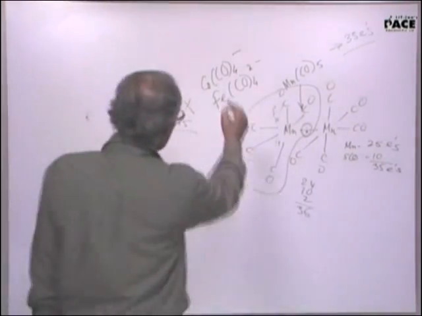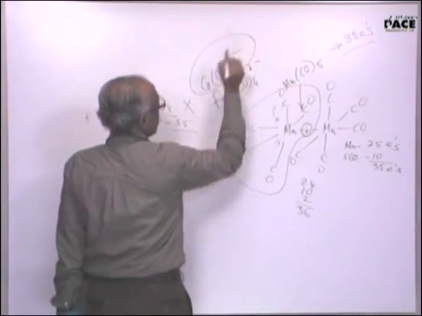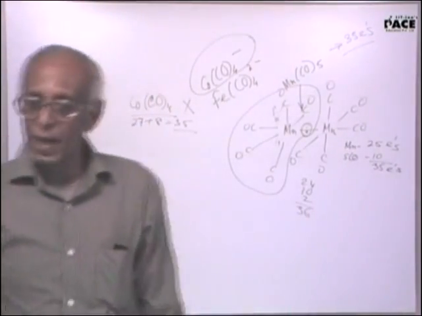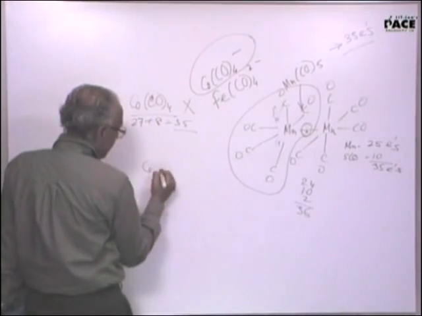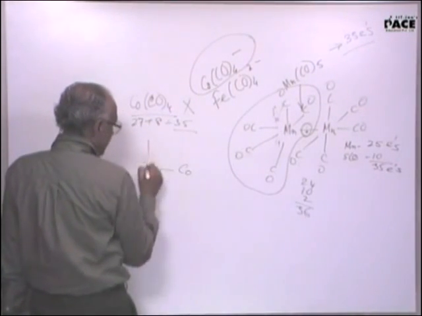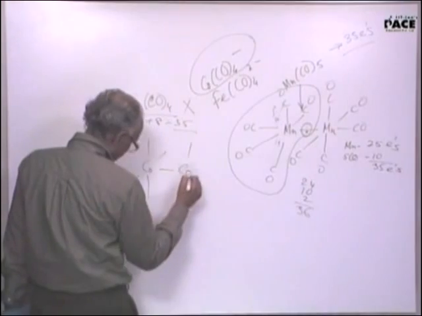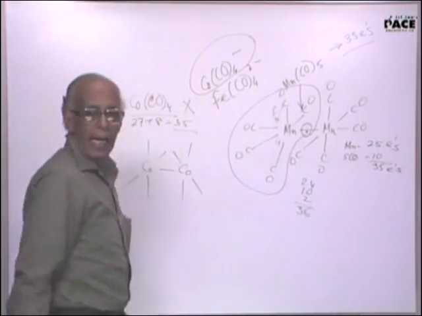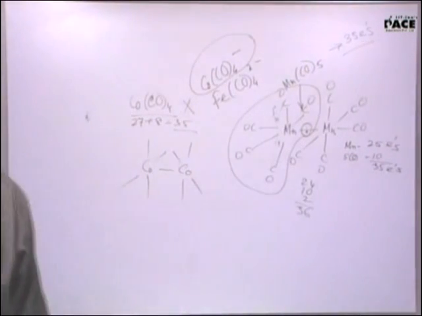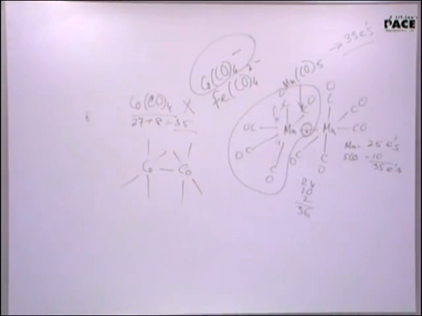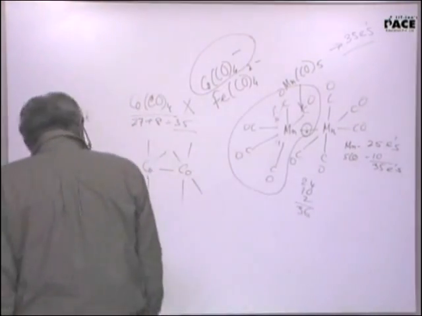It exists as [Co(CO)4]-, or it can form a dimer. As a result, the 1 electron which was short can be compensated. Okay.